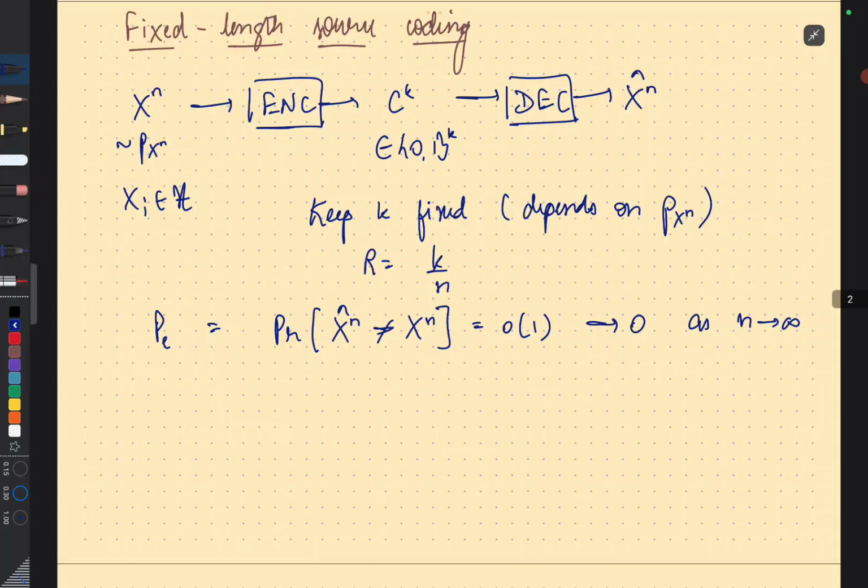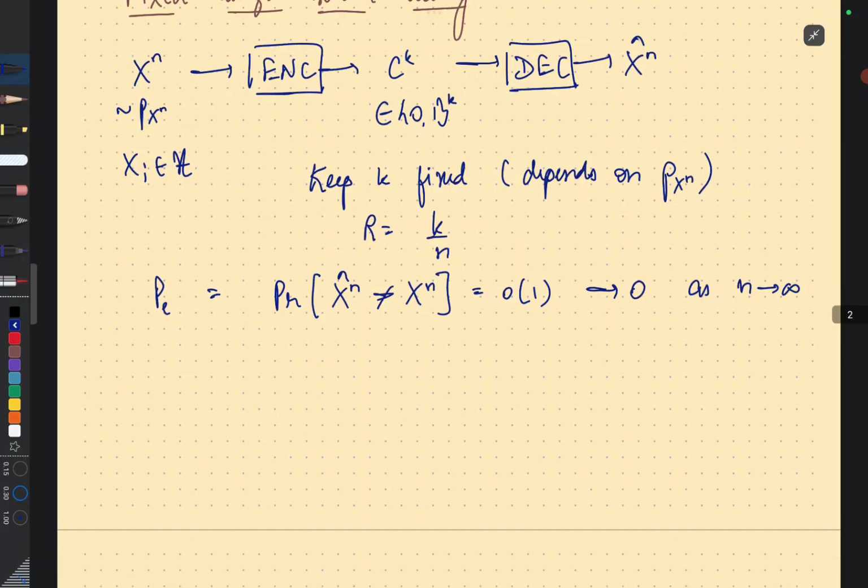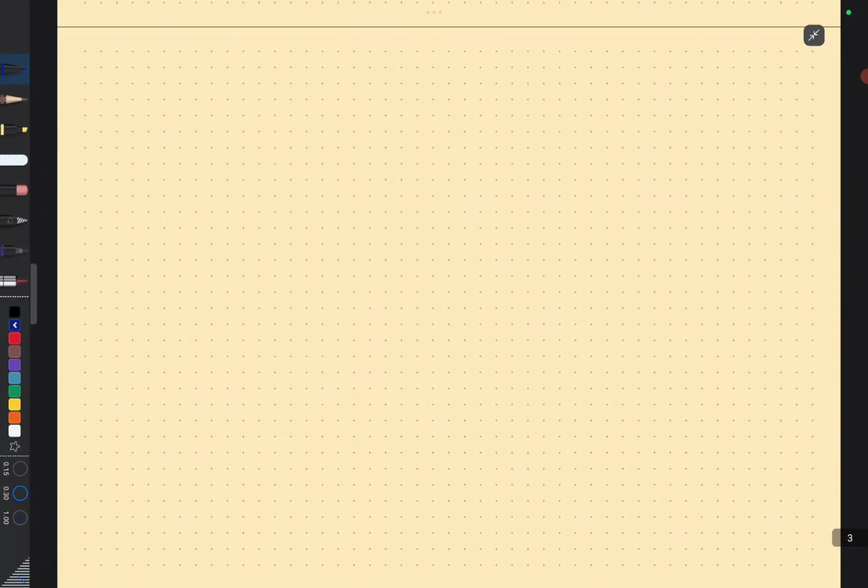All right, great. So now if we had to focus on this fixed length source coding problem, what do you think would be the optimal fixed length compressor? So suppose let's fix some distribution Pxn, which means I've already fixed the length of the source sequence n.